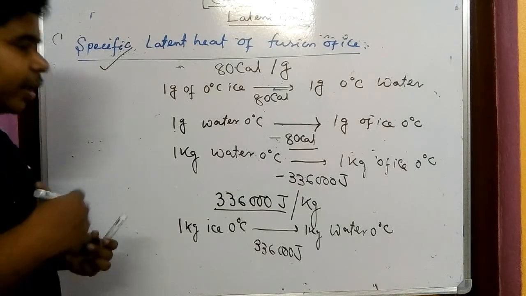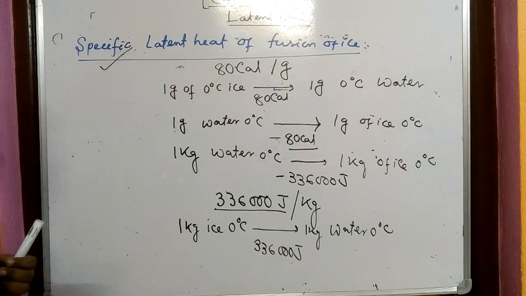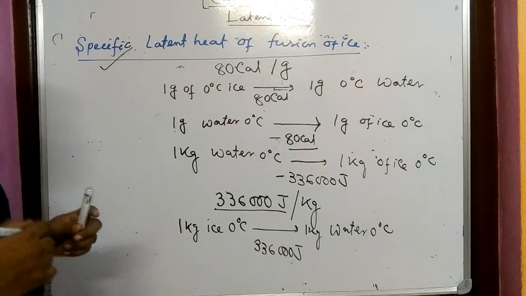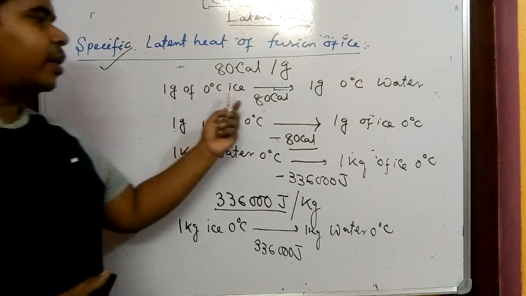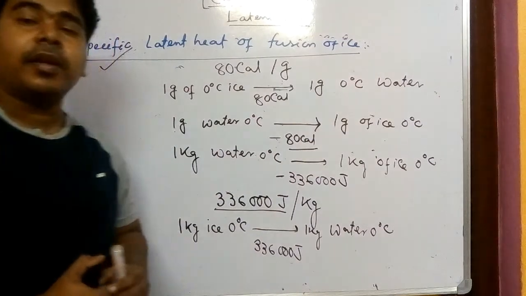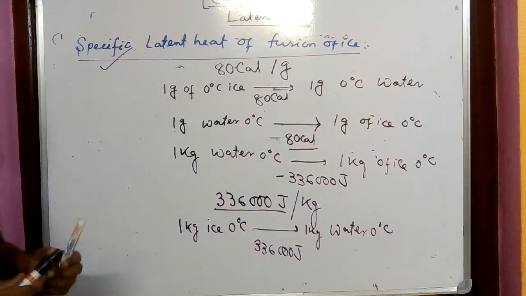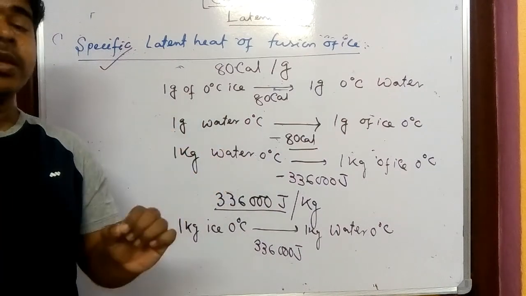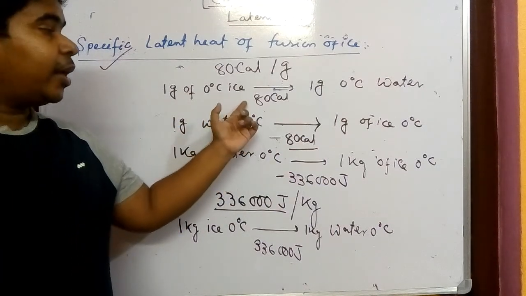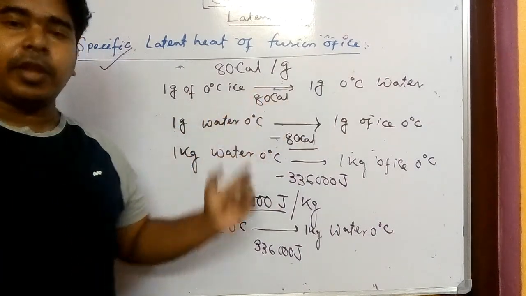Sometimes the question is asked, which one is cooler, 0 degree centigrade ice or 0 degree centigrade water? What will be the answer? The 0 degree centigrade ice is cooler because it has liberated extra 80 calorie of heat.